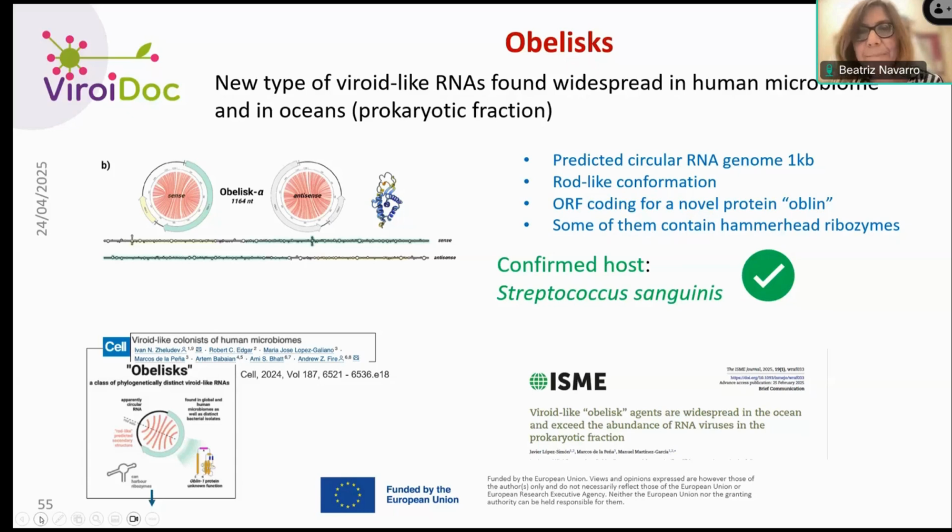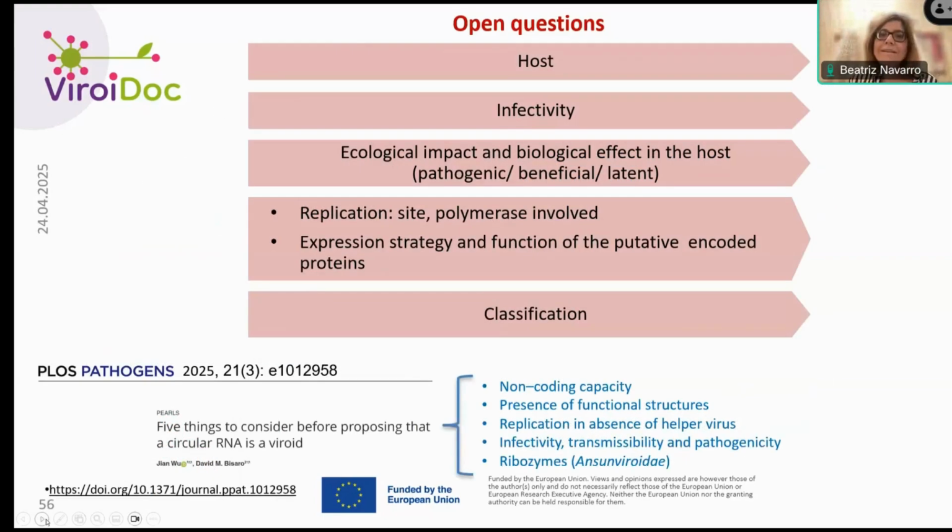So the impact on human health that these new viroid-like RNAs can have, and the ecological impact they can have in the oceans, is completely unknown. All this identification by bioinformatic tools opens a lot of questions.